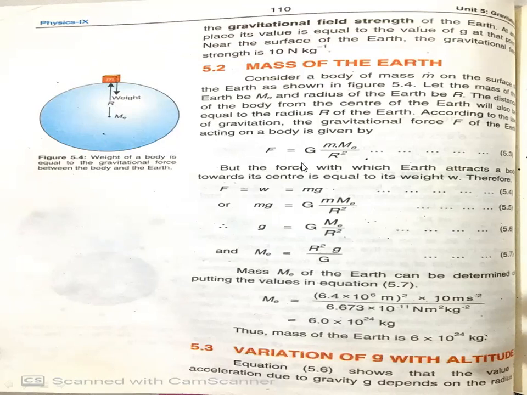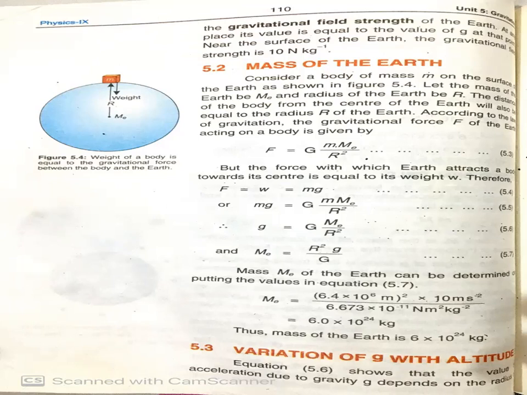Okay, so I write the law of gravitation because we have already studied its definition. If you open page number 107, you will find the gravitational force F equals G m1 m2 divided by d square. This is the law of gravitation.